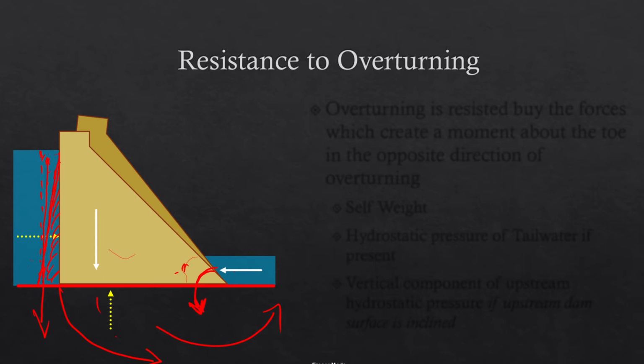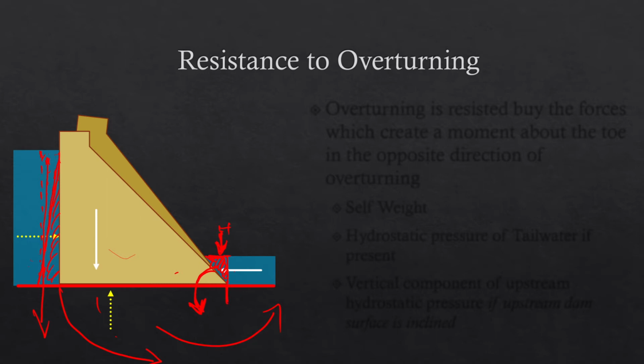Similarly, this triangular portion of water will also be acting at somewhere around here, which is a very small force, and the distance itself is very small when you measure it from the toe.